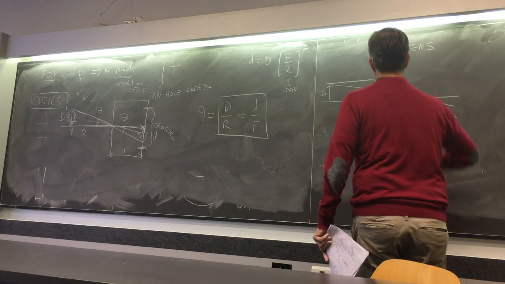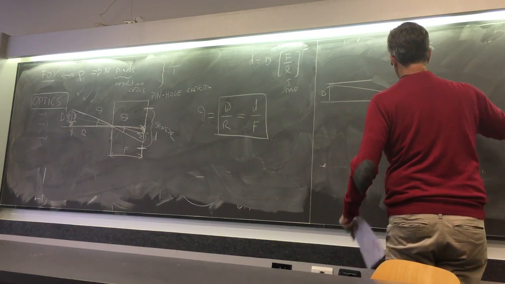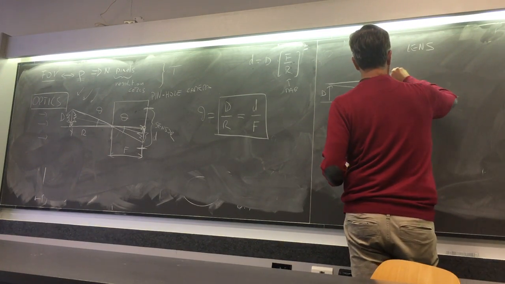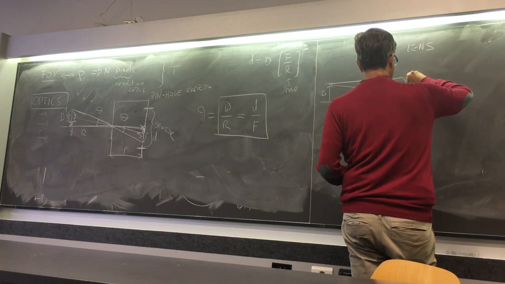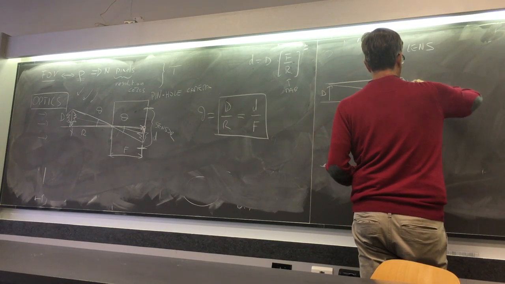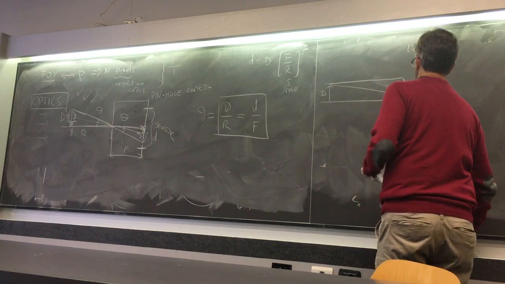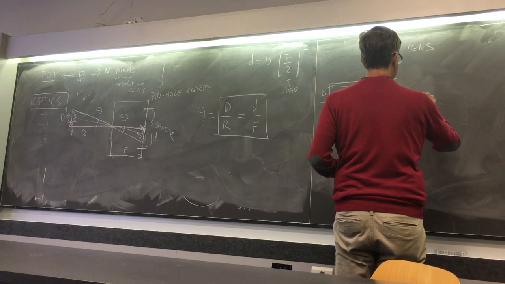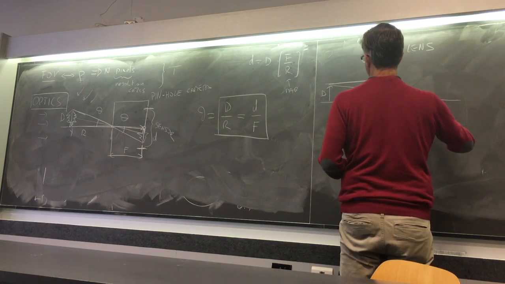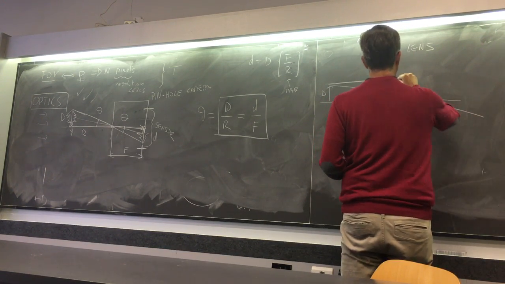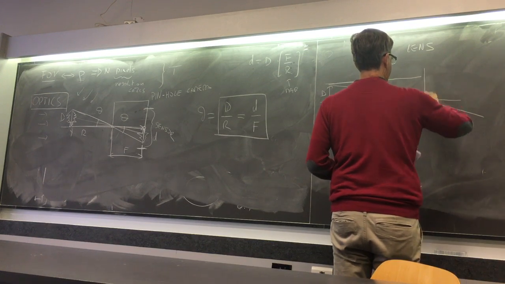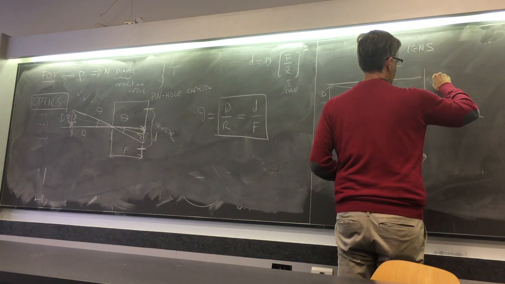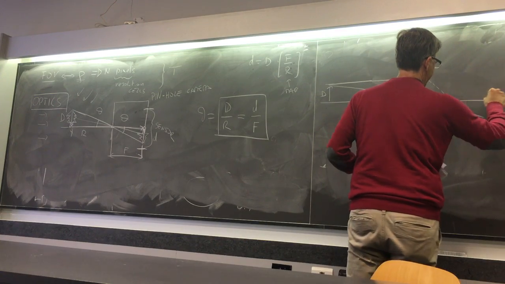No, it does not work in that way. So, sorry. There are 2 points. One is the center of the lens, okay, and one is the focus. Okay. Now it works.